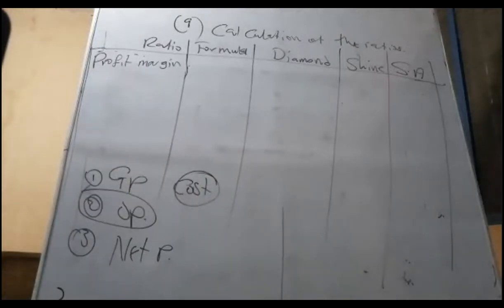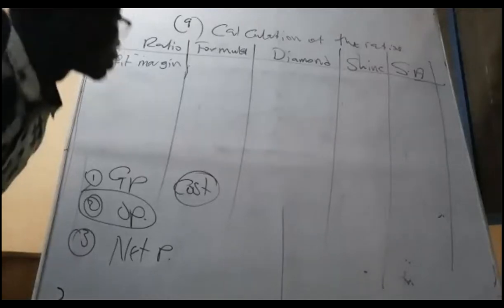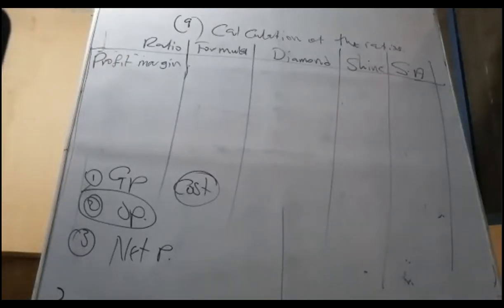Markup is on cost, so we should take note regarding the margin. So here the profit that they're talking about is the profit before interest and tax. Anything margin is that item over sales times 100. Anything markup is that item over cost of sales times 100. So markup too will also be there.